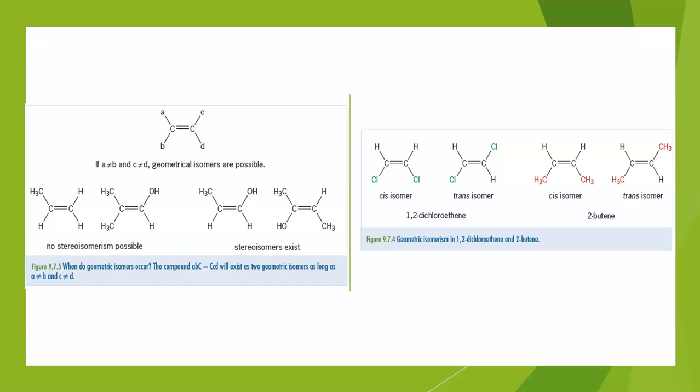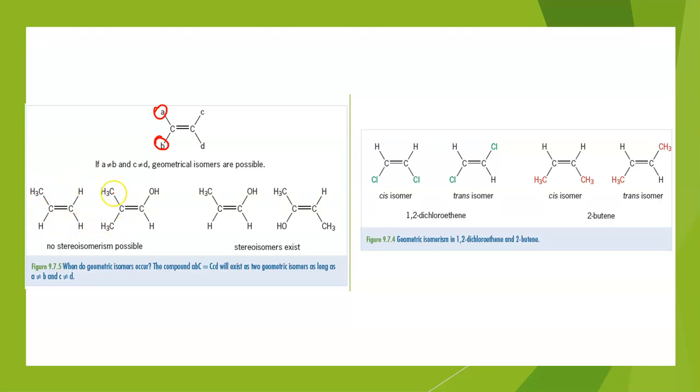Okay. We do need to have a look, though, that if the groups are the same here, then we don't have isomers. We don't have geometric isomers. So if we have a look here, for a single CH3 group on this carbon, there's no cis-trans isomerism.